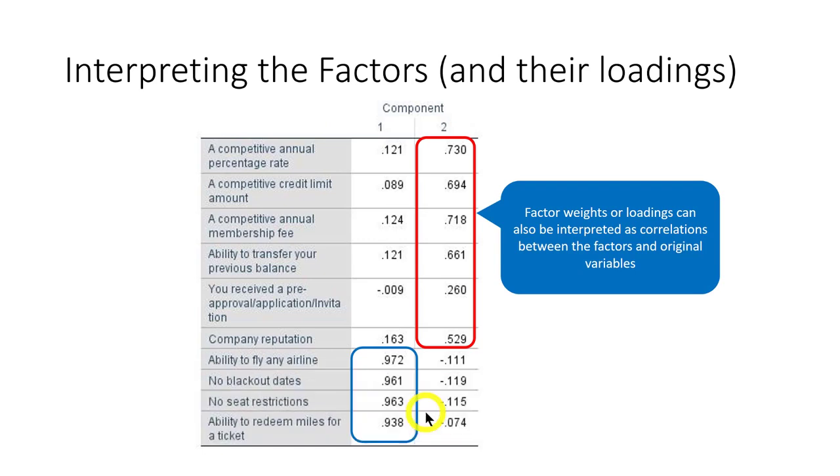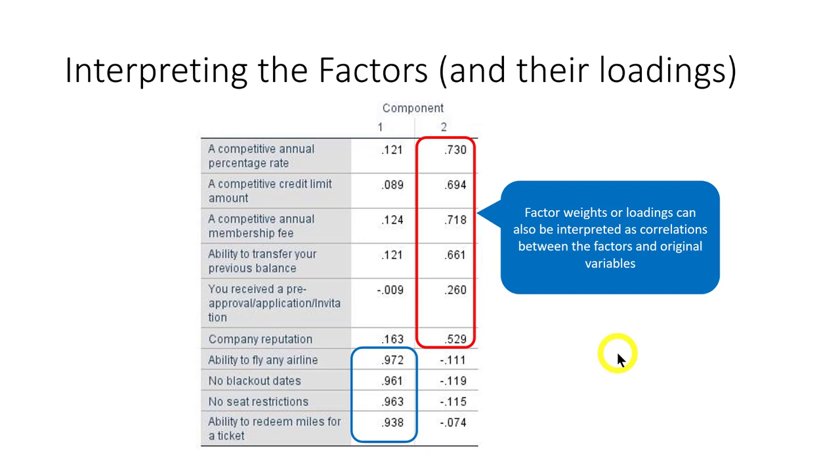With 2 factors, here are the factor loadings or factor weights. And as I have shown before, we got something that we should expect. Some of the variables, competitive annual percentage rate, competitive credit limit, competitive annual membership fee, ability to transfer your previous balance, they load on the same factor.